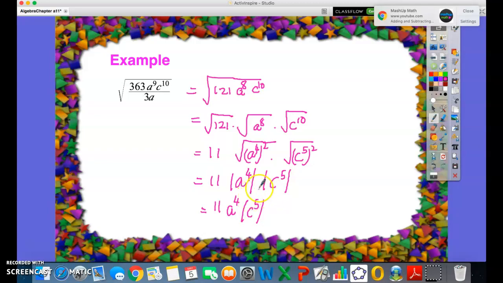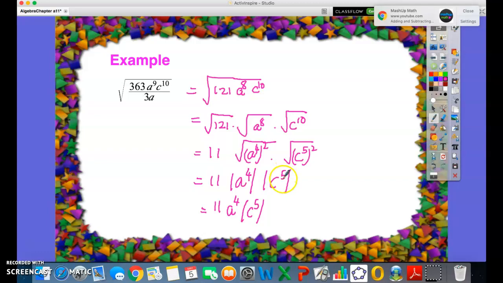So the rule of thumb is, after you take out from the radical symbol, if the exponent is an even number, you can drop the absolute value symbol.